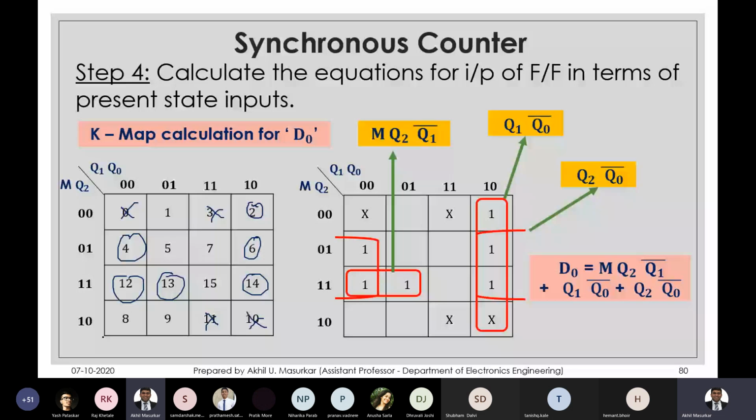Okay, so if you are done with this, just type K map done in the chat box, and then start with the implementation of this.